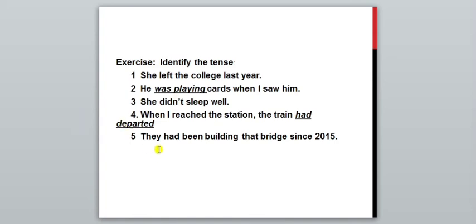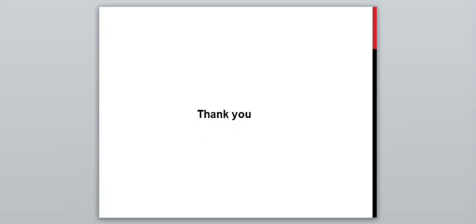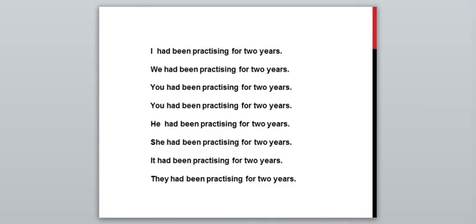Children, in this way we have completed 4 types of present tense and 4 types of past tense. In all, how many tenses are learnt? 8 tenses are learnt. And if you notice, in every tense, how many sentences have we seen? 8 sentences.